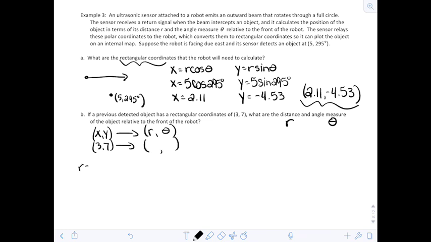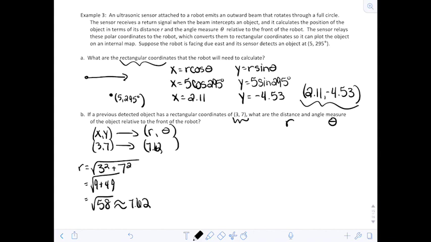So to get r, that's going to be the square root of 3 squared plus 7 squared, which is 9 plus 49. That's the square root of 58, which is about 7.62. So there's my r value.